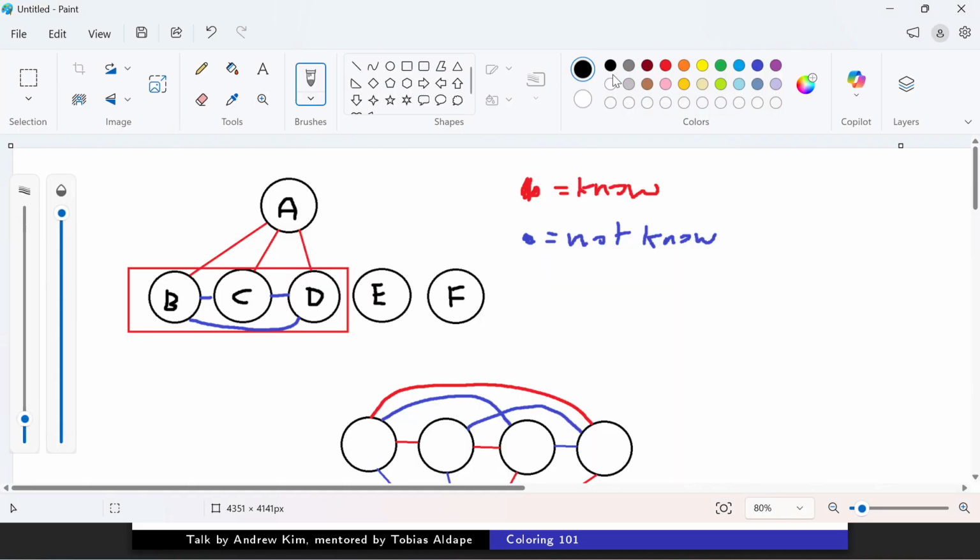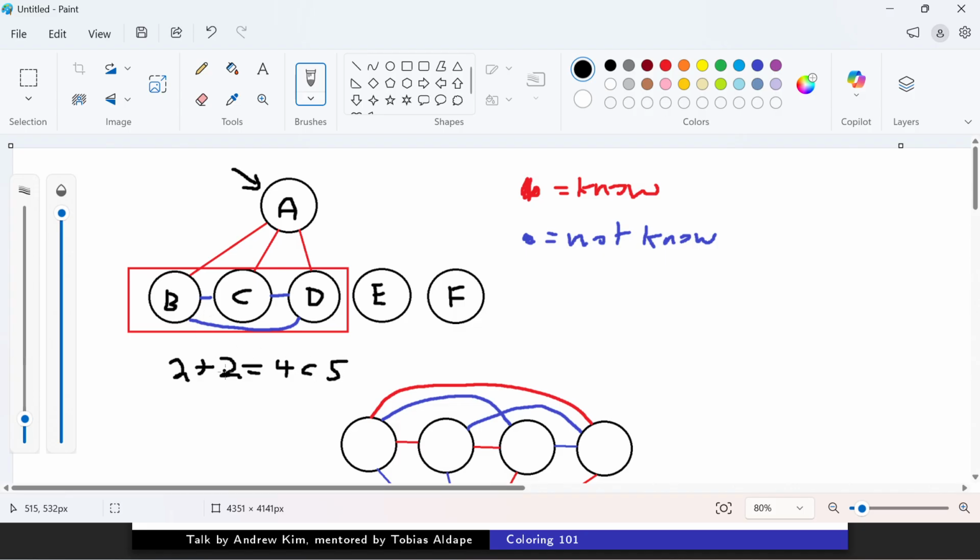We're going to call the people A through F, as you can see in this diagram, and we're going to focus on A's relationship to the other 5. Since there's 5 people, we can split them into 2 groups, a group of people that know A and a group of people who don't know A. Now one of these groups has to have size at least 3, because if they were both size 2, well, 2 plus 2 is 4, which is less than 5.